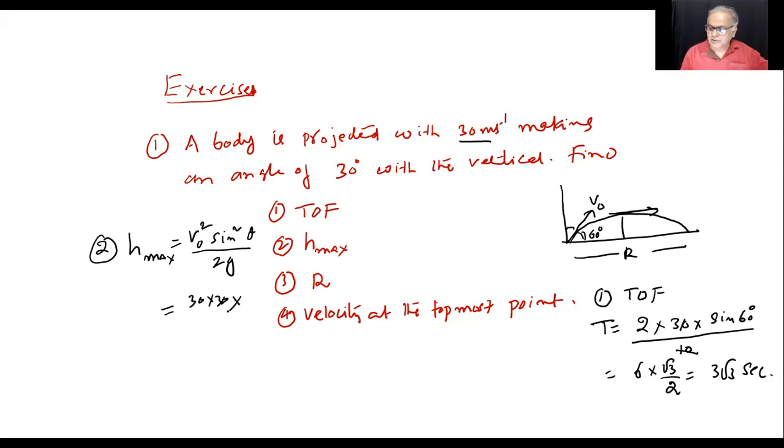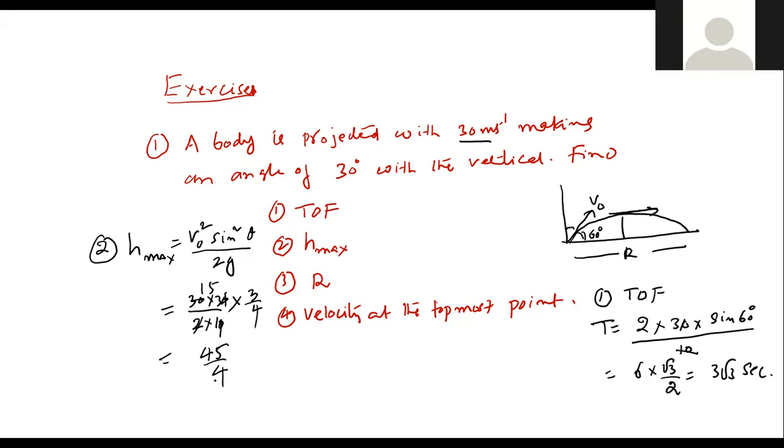Sine square 60 is root 3 by 2 squared, so 3 by 4, by 2g, 2 into 10. This goes 15, 45 by 4.